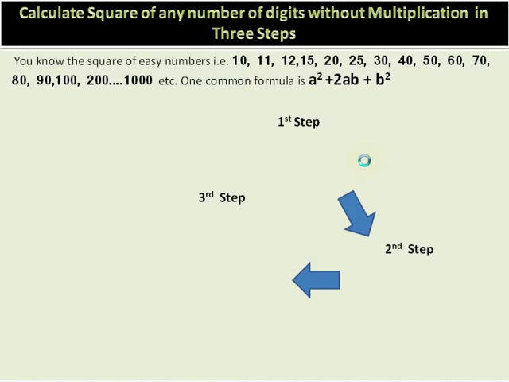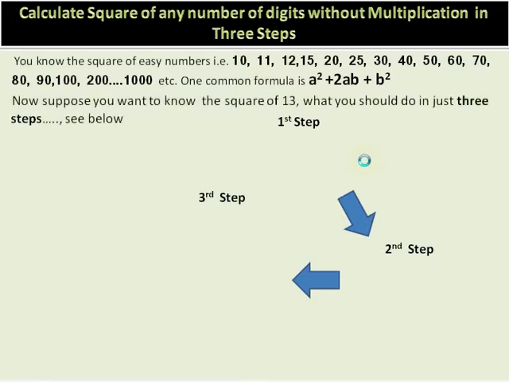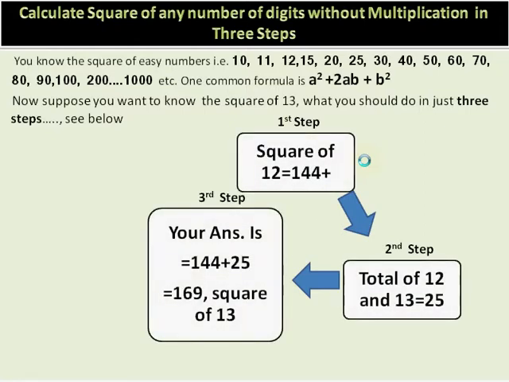Now suppose you want to know the square of 13. I am telling you in this way. You know the square of 12 is 144. What will your next step be?